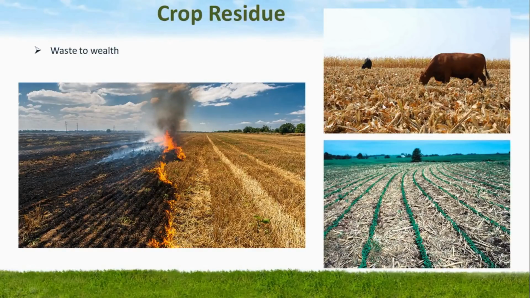Generally, 50% of crop residue is utilized as animal feed, but the remaining can be utilized for recycling of nutrients. Crop residue, when allowed to decompose in field, will improve physico-chemical properties of soil, increase fertility, and subsequently agricultural productivity. Crop residue can be used for preparation of different organic manures like farmyard manure, compost, vermicompost, etc.